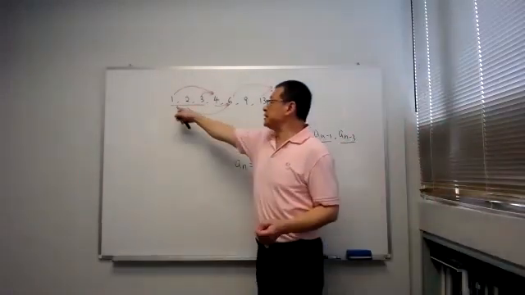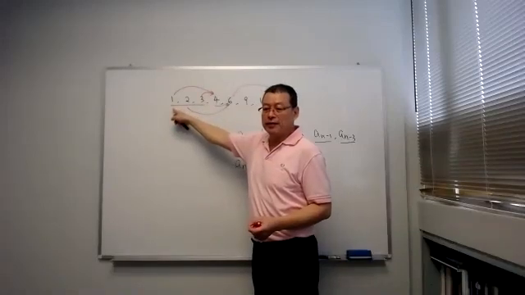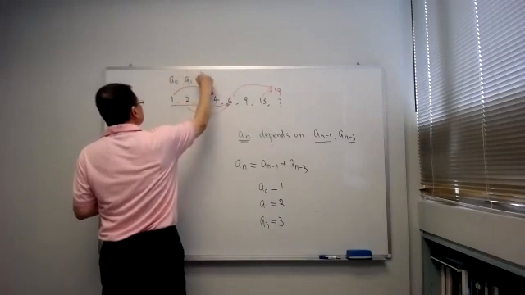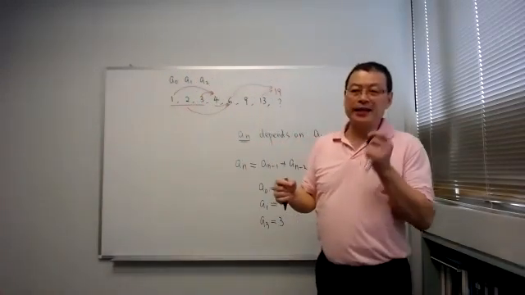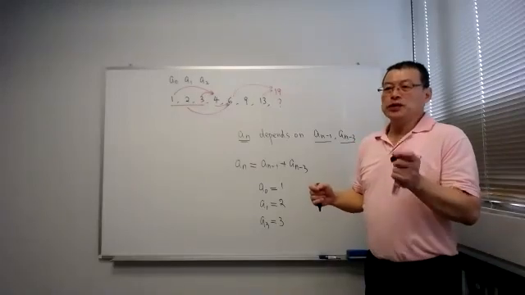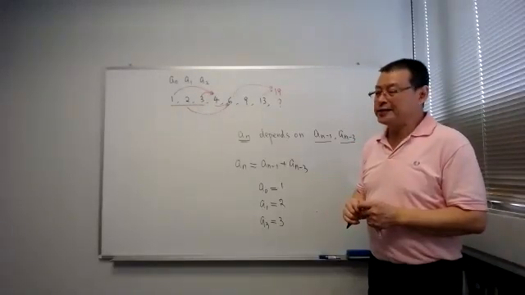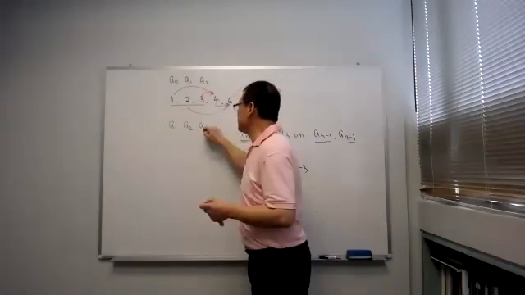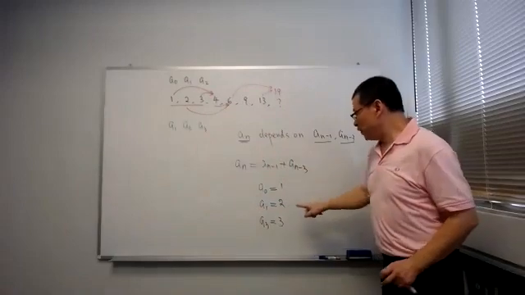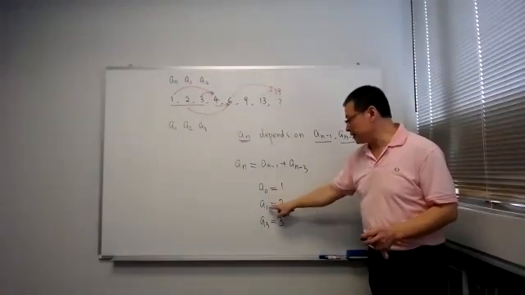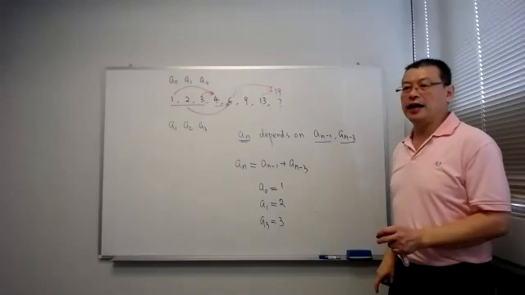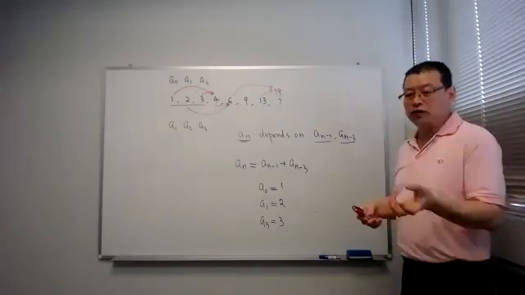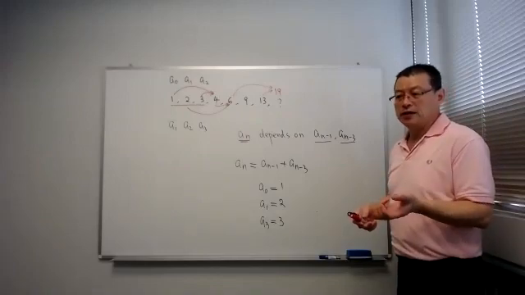Typically, we say this one starts with index 0, a_0, because the natural numbers start with 0. But if you don't like 0, you want to start with a_1, then it's also fine. You can say this is a_1, then a_2, then a_3. But then be careful with the initial conditions. Some people include 0 as a natural number and some don't.